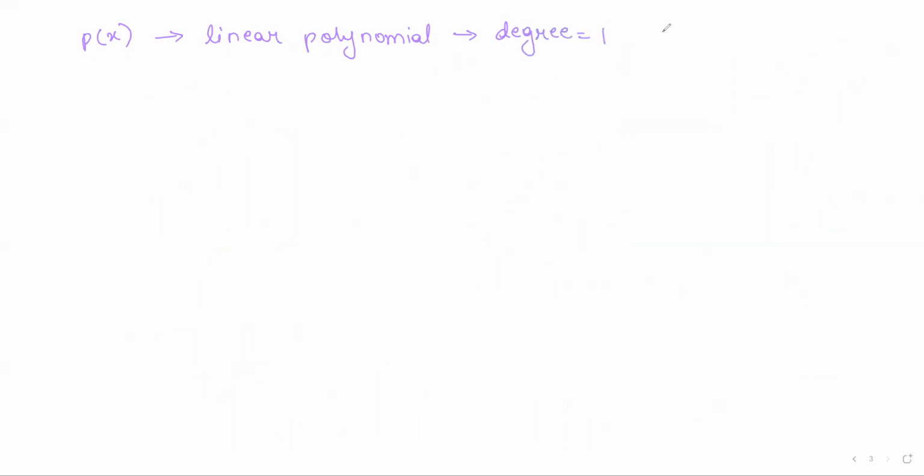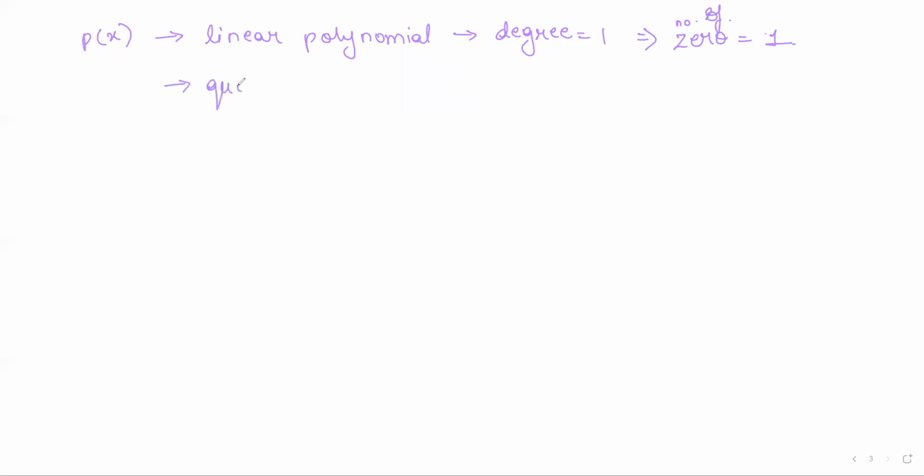The degree of a polynomial is equal to the number of zeros of a polynomial. So if your degree is 1, you will have 1 zero. The number of zeros of such a polynomial will be 1.